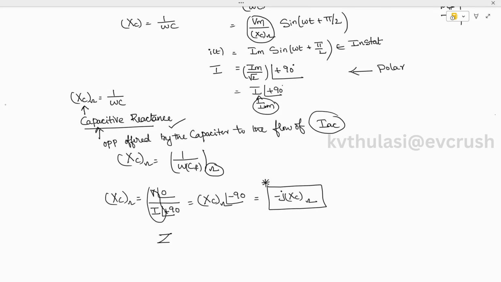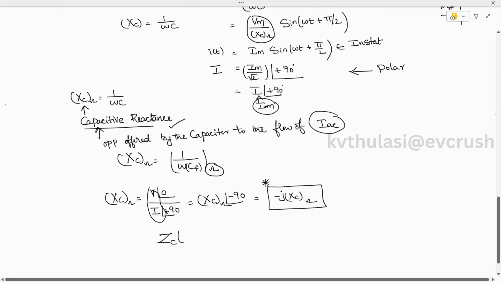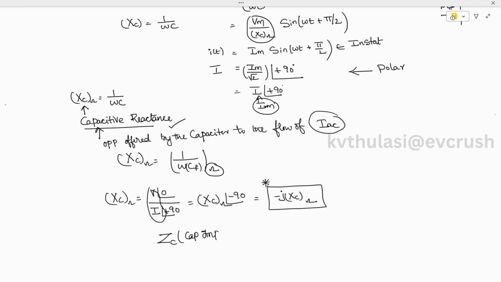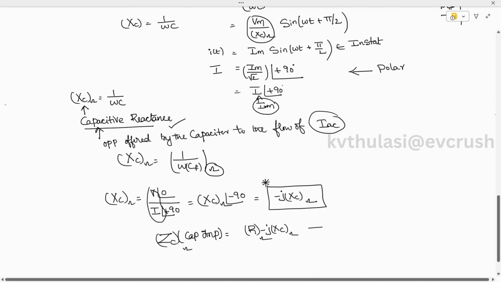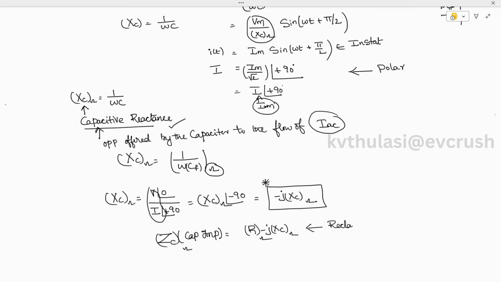Therefore, the total impedance, where Zc is called the capacitive impedance, can be written as R minus jXc ohms. The unit of R is ohms, and the unit of capacitive reactance is also ohms. This is in the form of a complex number, called rectangular form.